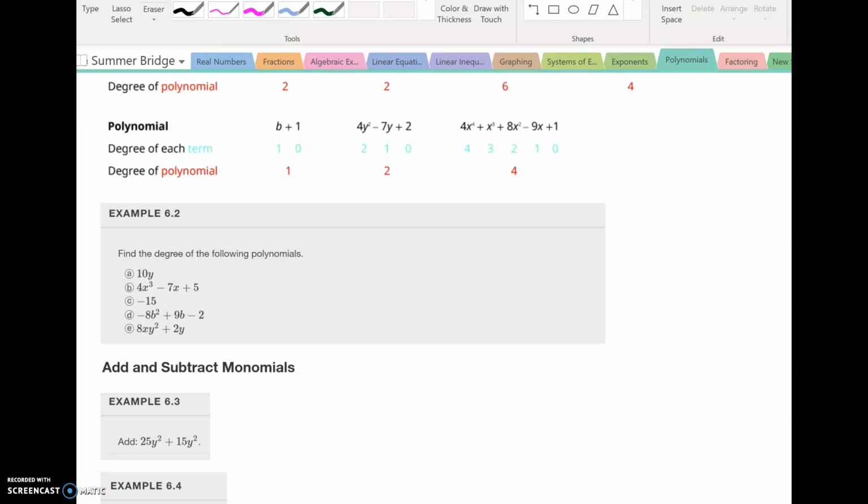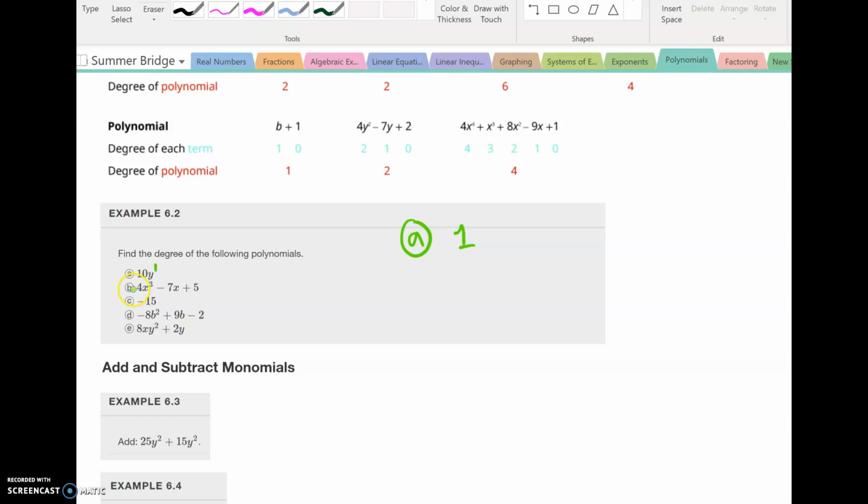and then we're going to just go ahead and start adding and subtracting. So find the degree of the following polynomials. So for A, it's a monomial because we have one term, and when we don't have an exponent clearly listed, we assume that it is a 1. So therefore, the degree of A is going to be degree 1.